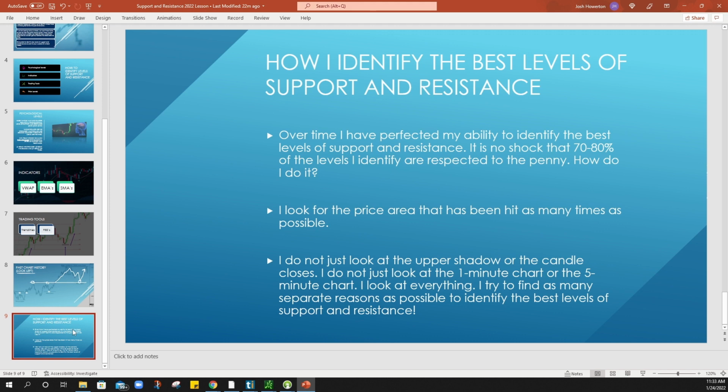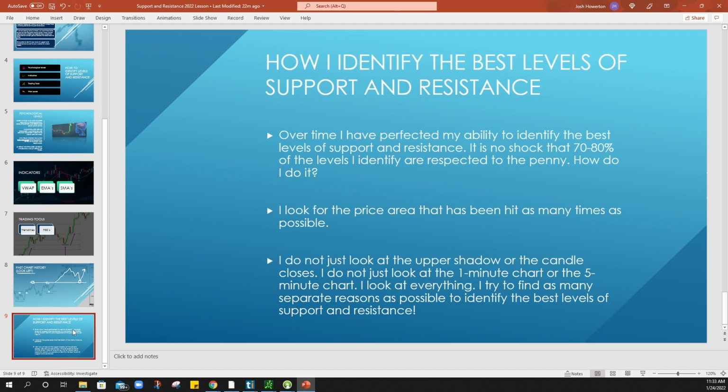And again, a lot of traders are shocked. They're like, dude, how did you nail that to the penny? How did you know? So there's a couple things. Number one, I look for the price area that has been hit as many times as possible. Some traders look at upper shadows. Some traders look at candle bodies. Some traders only look at the 1 minute time frame.